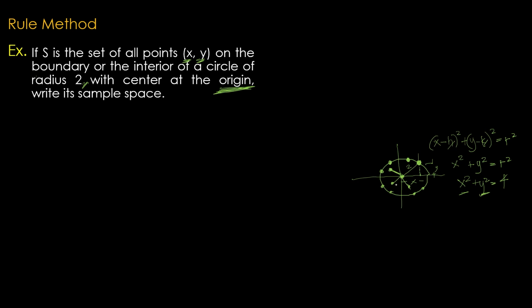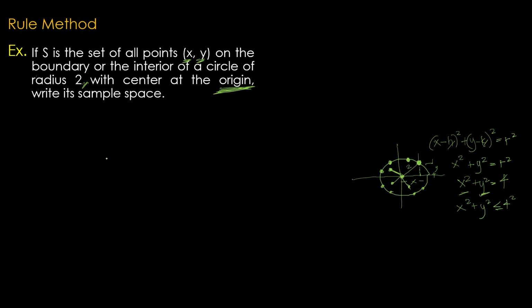Okay. So, if the radius at the boundary is 4, what's the radius for that? That would be less than 2, less than 2 squared, less than 4 squared. So you have the set of all points that is less than or equal to 4, on the boundary or interior of the circle.